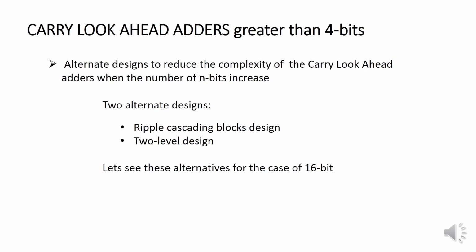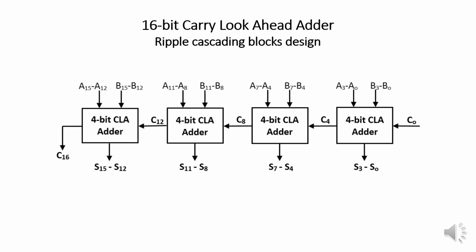There are a couple of ways by which we can design carry look ahead adders greater than 4 bits. The ripple cascading design and the two-level design. Let's see an example of these alternatives for the case of 16-bit. This is the first alternative using the ripple cascading design.